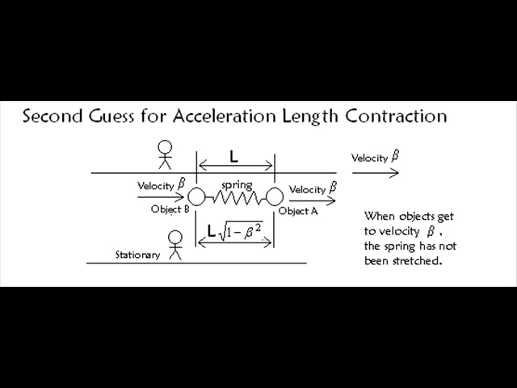The original stationary observer will see the distance between the two objects being the usual length contraction formula, L times the square root of 1 minus beta squared, but this will not happen simultaneously. He'll have to wait for object A to reach velocity beta before this equation becomes true. The spring is not stretched.